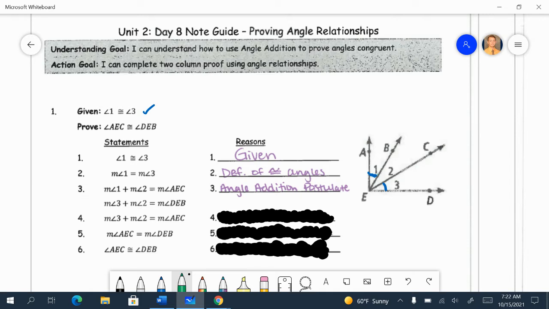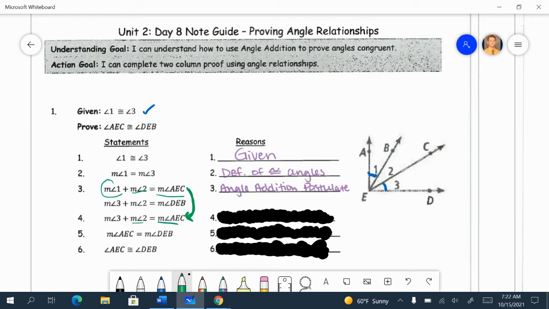Number 4. Okay, so we've got measure of angle 3 plus measure of angle 2 equals AEC. What are they doing here? Well, it's kind of tough to see, but I'm seeing substitution here. If I look at the first line of step 3 and I bring it down here, they look pretty similar. They're both equal to measure of AEC. They both have the measure of angle 2.